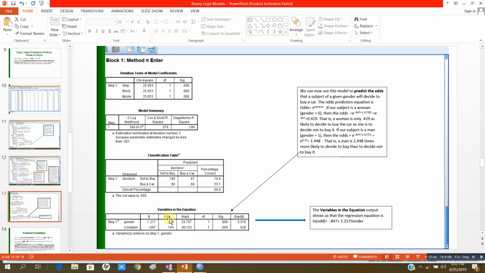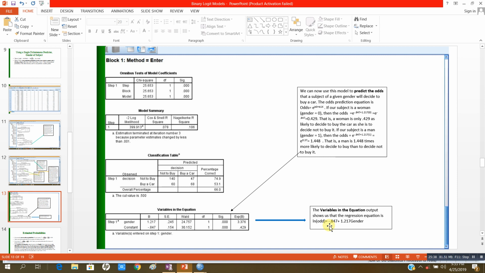These are the Wald statistics, these are degrees of freedom, this shows the p-value or significance value, and these are the exponentiated beta. And the variables in the equation output shows that the regression equation can be written as log odds equal to the constant, which is minus 0.847, plus the coefficient of the gender variable, which is 1.217, and here is the gender variable. Now let me explain this.